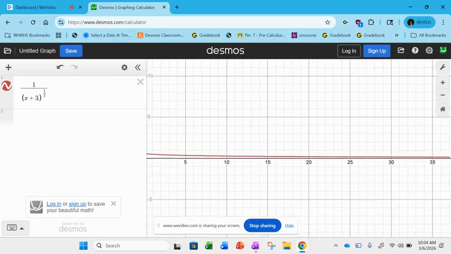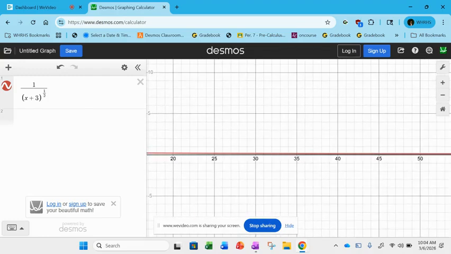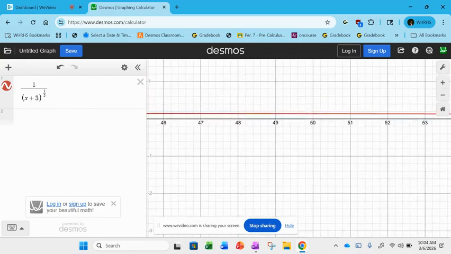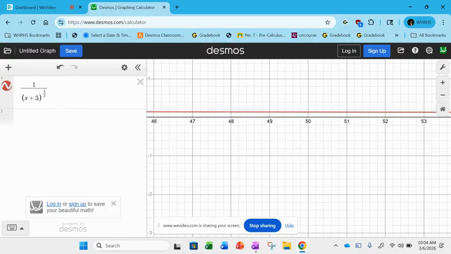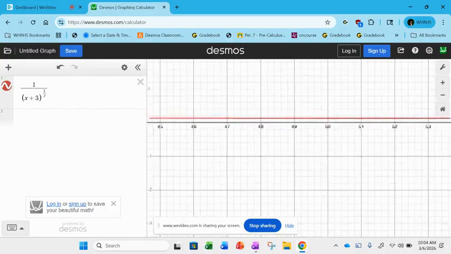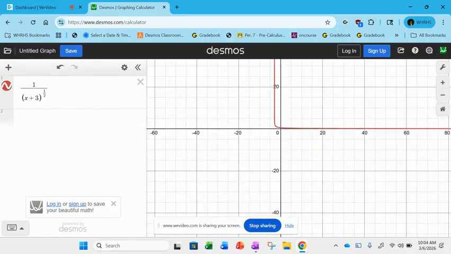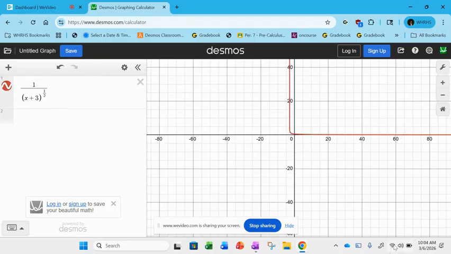If you notice, we're getting really, really close to 0, but are we ever crossing it? We're never crossing that x-axis, never crossing it. All right.